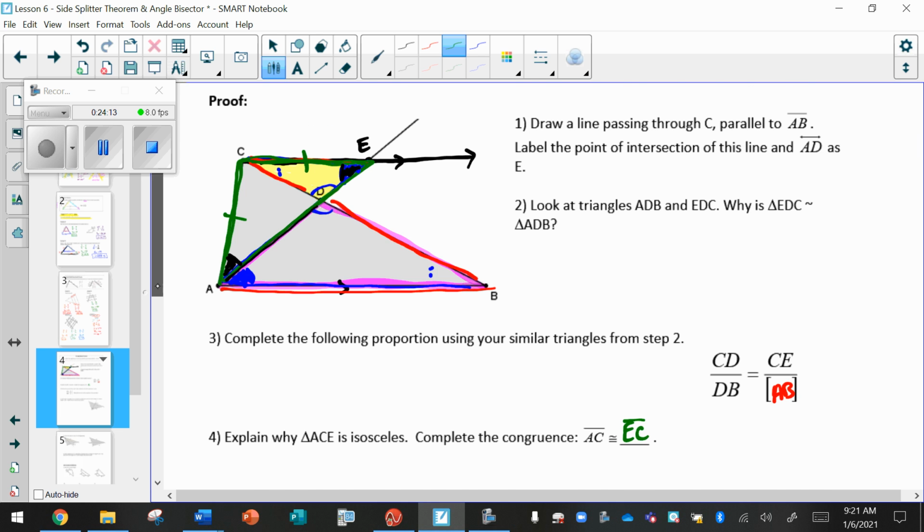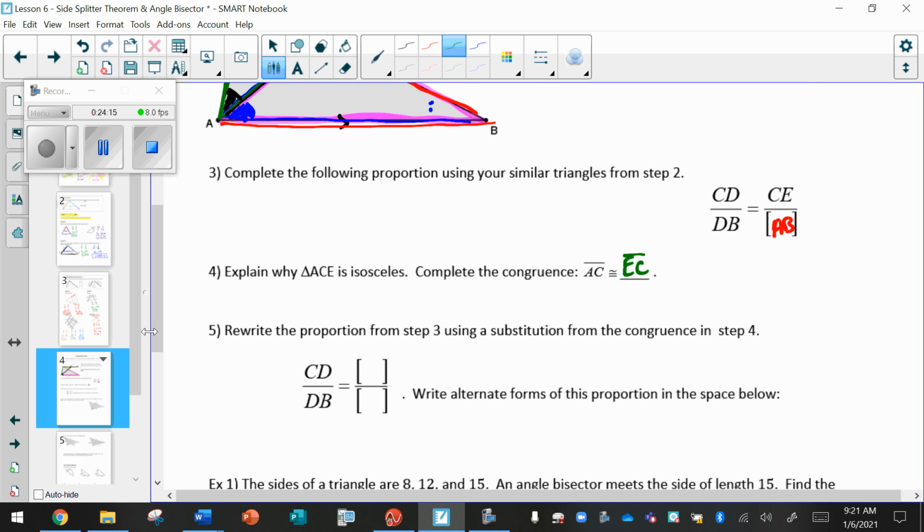So then by substitution, this ratio that we did up here, CD over DB equals CE over AB, I can do a substitution for EC, and it becomes CD over DB equals AC over AB.